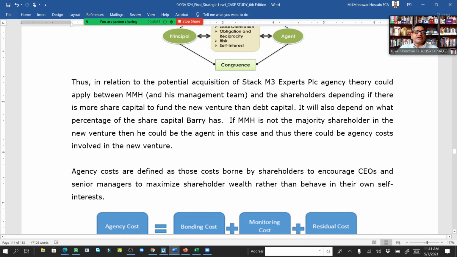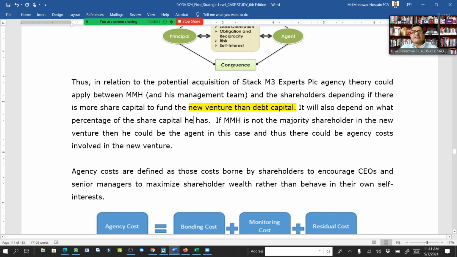So here, in relation to the potential acquisition of M3 Expert, agency theory could apply between MMA and his management team and the shareholders, depending on whether more share capital than debt capital is used to fund the new venture. It also depends on what percentage of the share capital.